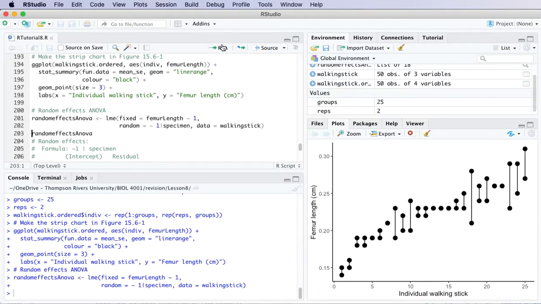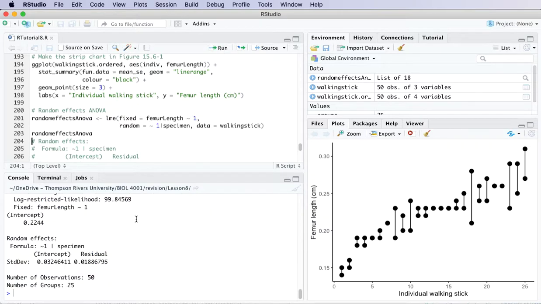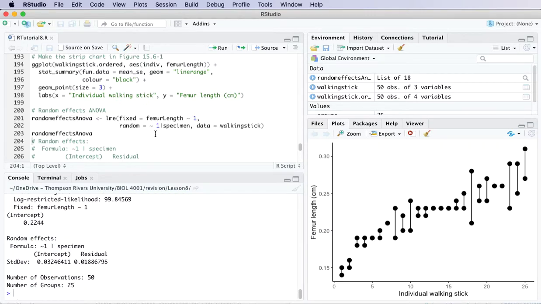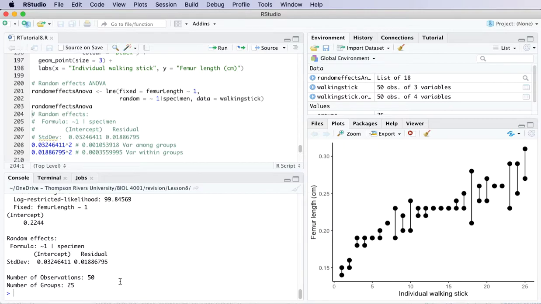Okay, so let's fit that, and then we can just take a look at what the output is for that model. There's a lot of information here that I'm not going to dwell on, but I am going to dwell on these two numbers here. So under random effects, we've got standard deviations for the intercept and for the residual.